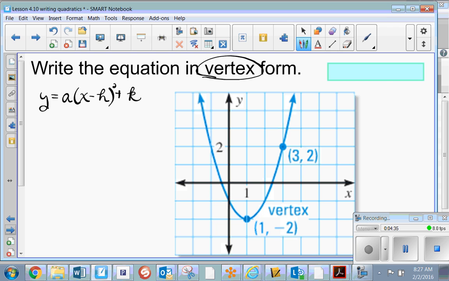Well, it didn't list the vertex, but it shows me the vertex. So let's stick those in for h and k, remembering what looks to be opposite, what's the same. So now I've got x minus 1, squared, minus 2. Easy.